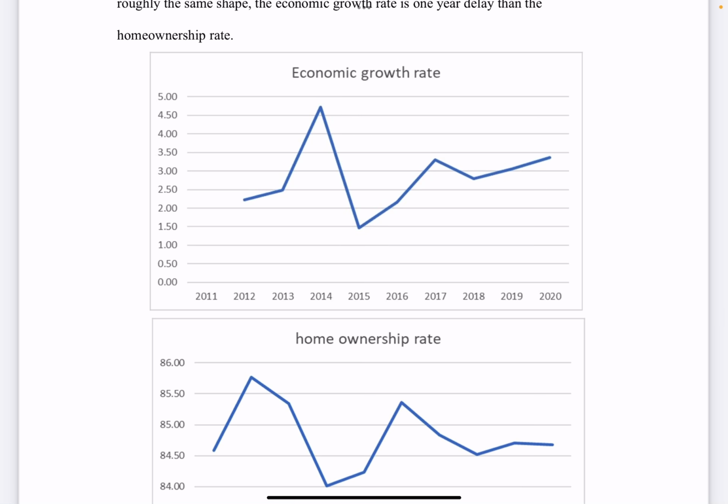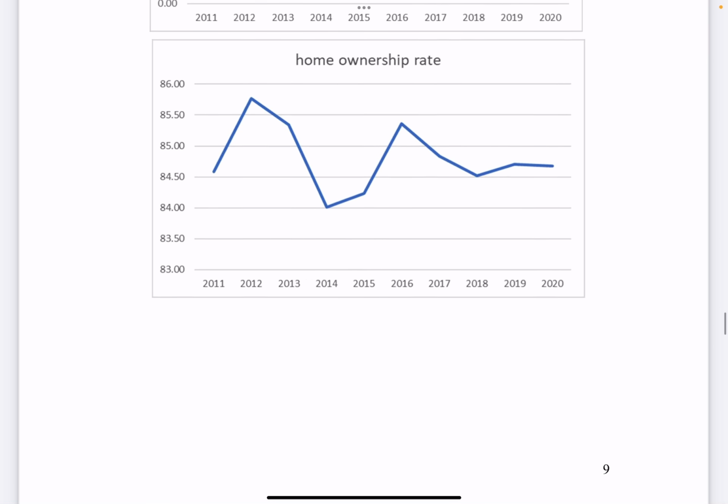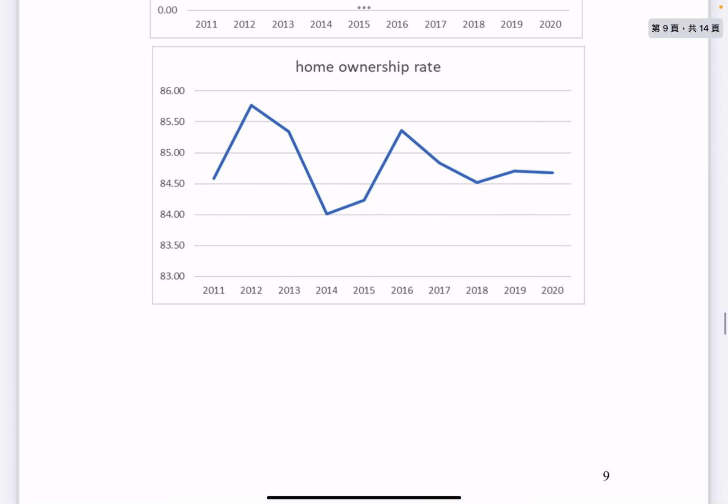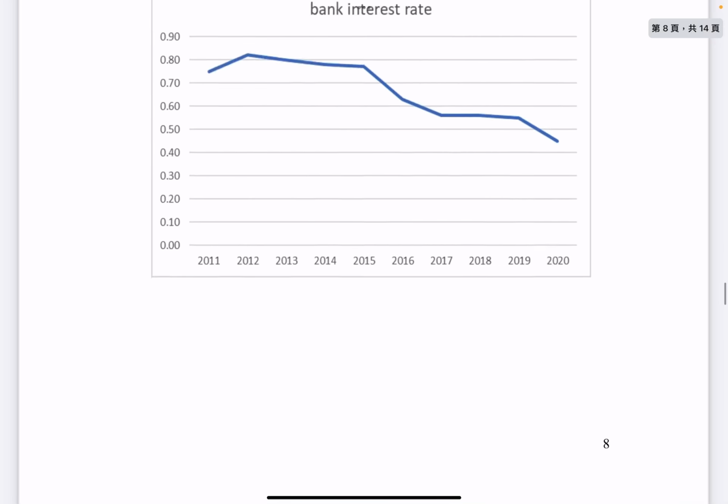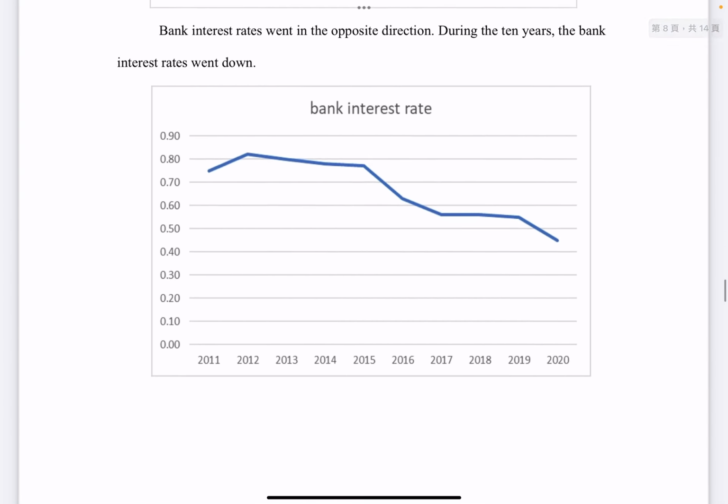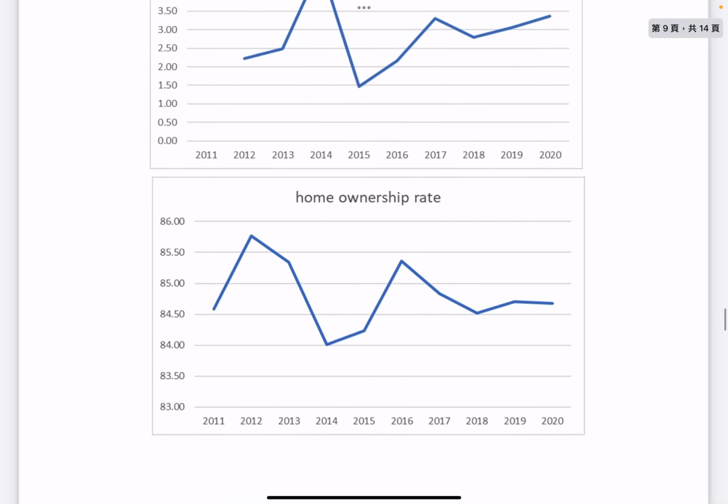It is 1 year delay. So I've told you about all the time series plots. Some go up, some go down, and some follow a similar trend.